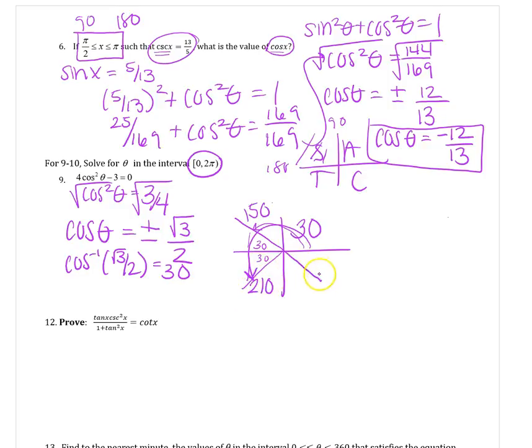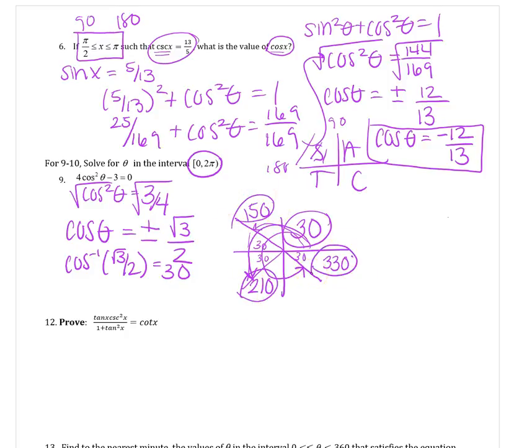And then lastly, if we're over here in quadrant 4, it would be 360 take away 30, which is 330 degrees. So our answers are 30, 150, 210, and 330.